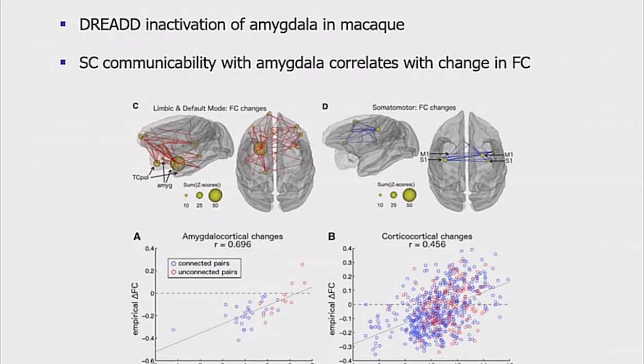And what they showed was that the greater the structural communicability between the amygdala and a target node, so the greater the sum total of walks and paths between the amygdala and the target node, the greater the change in functional connectivity following the deactivation. So in other words, statistics like communicability tell us something about how two areas may functionally interact with one another through multiple pathways.